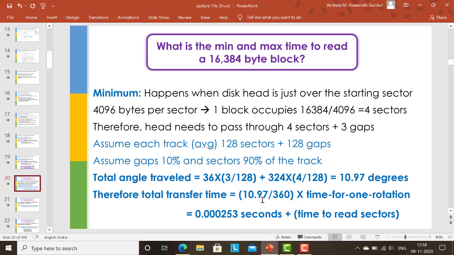So if I had to rotate just 10.97 degrees, how much time would I need to spend in doing that rotation part? That time comes out to be 0.2533 milliseconds, and then the time to actually read the sectors.